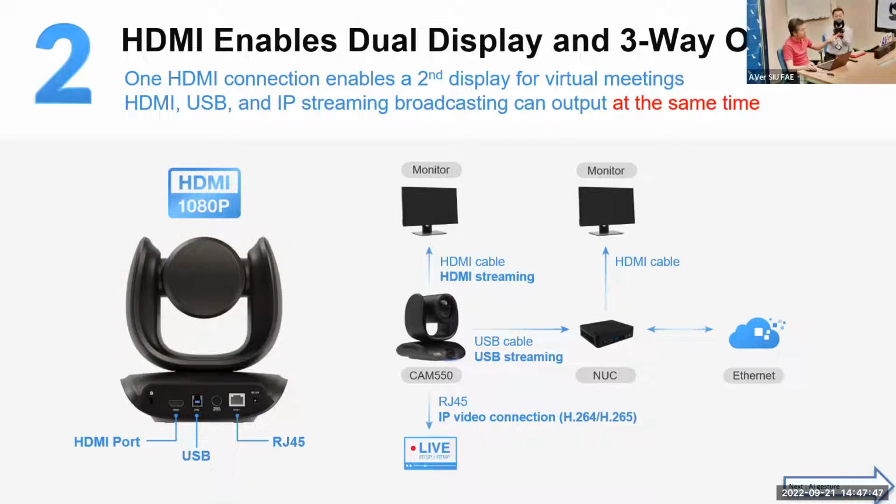So you can daisy chain the camera in a very large room. This camera supports RS232 connection or VISCA over IP command. And then we have PoE plus, so you don't need the power adapter if you have a PoE switch.